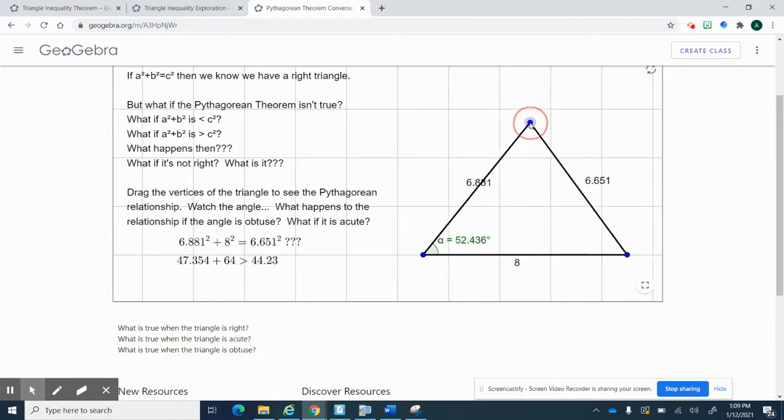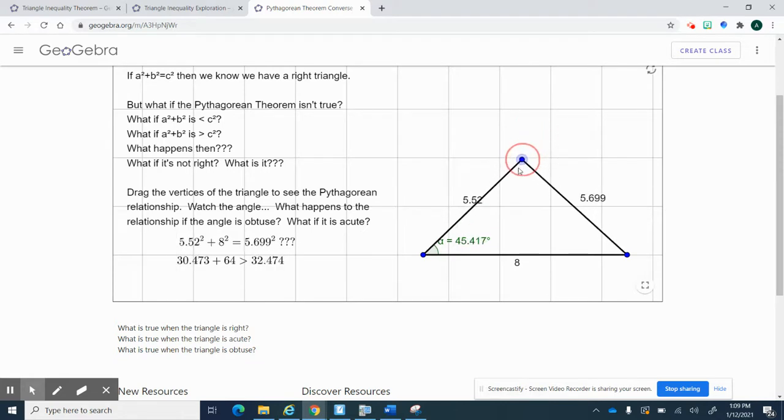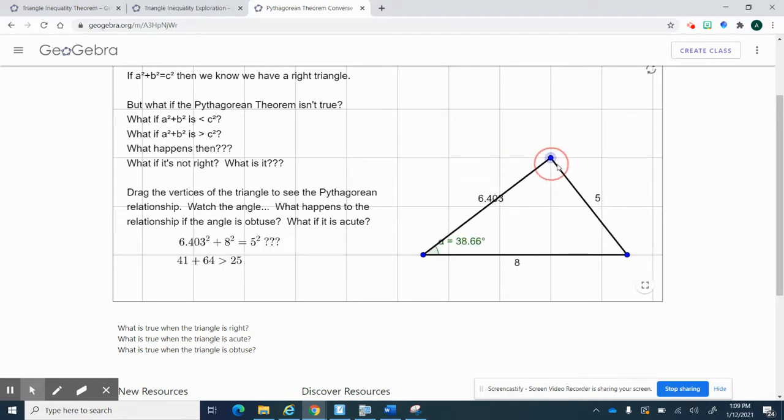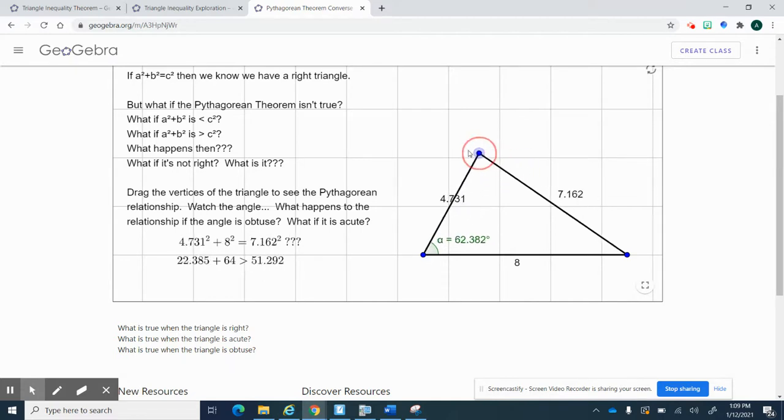So if we make this into an acute triangle where all the angles are less than 90 degrees, what we see with the sides is that if we take a squared plus b squared, that value is going to be bigger than c squared. And that's happening for all of these triangles that are acute, where these angles are less than 90 degrees. A squared plus b squared is bigger than c squared.